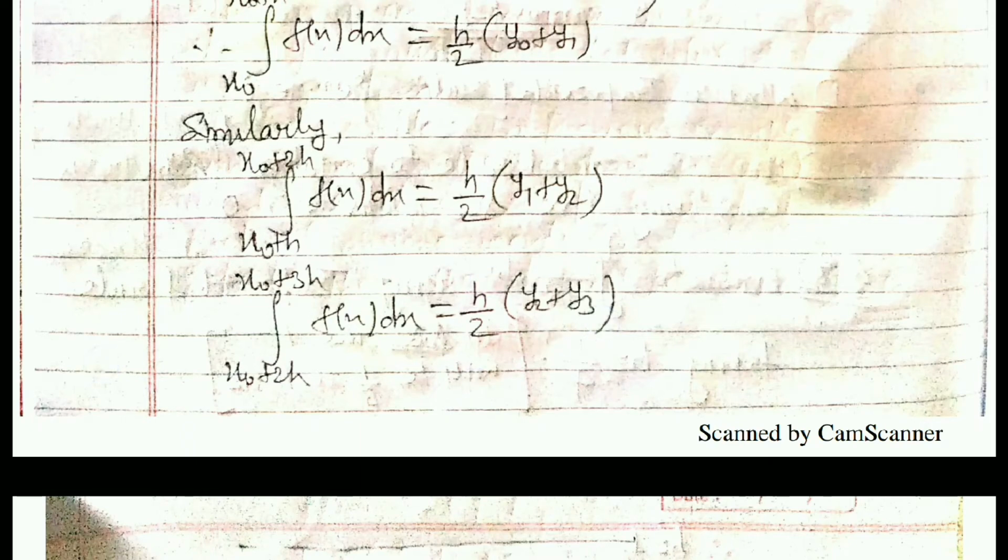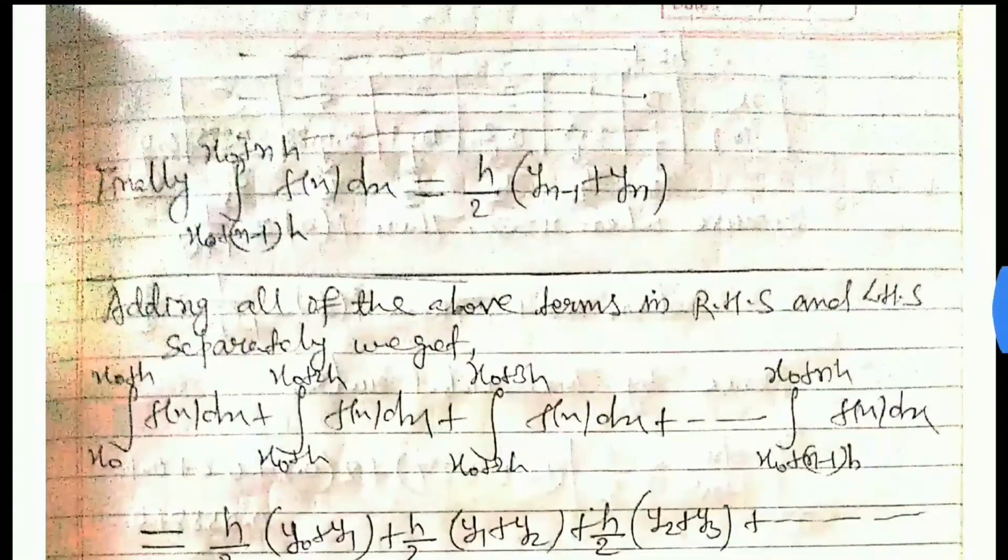We repeat this process until we reach x0 plus (n minus 1)h to x0 plus nh of f(x), which is h by 2 into (y(n minus 1) plus yn). That's the values of the left-hand sides and right-hand sides.